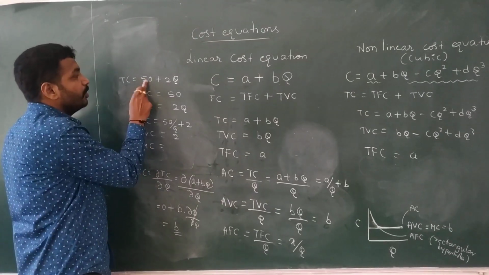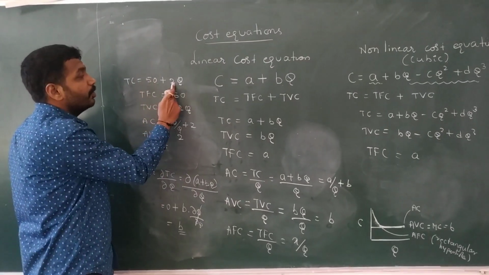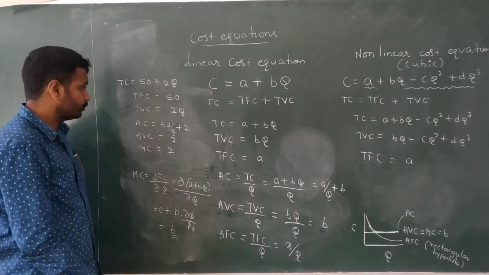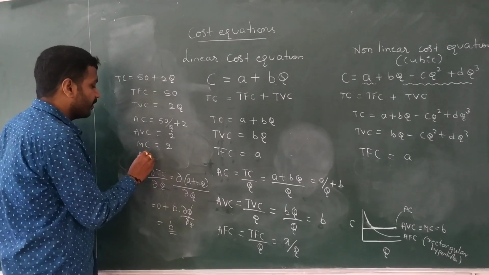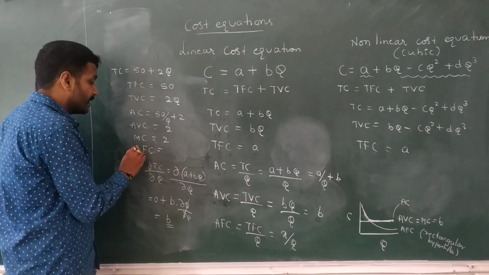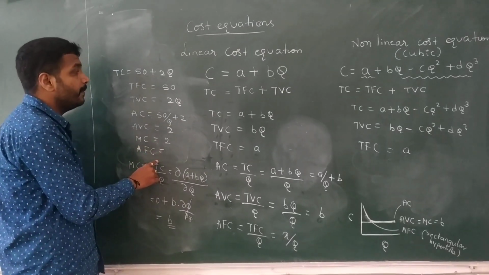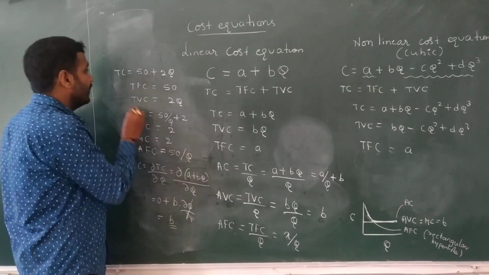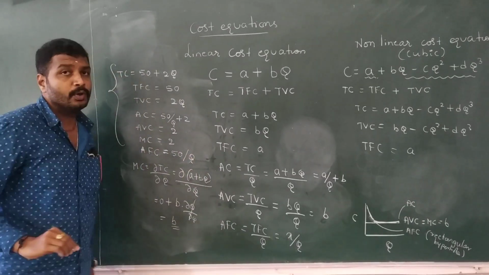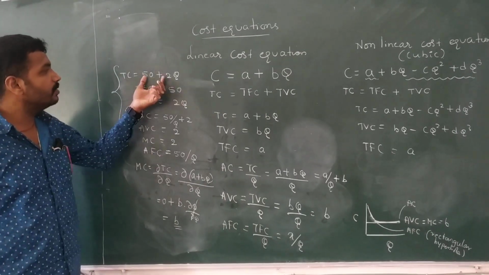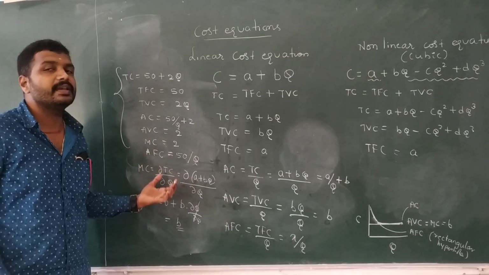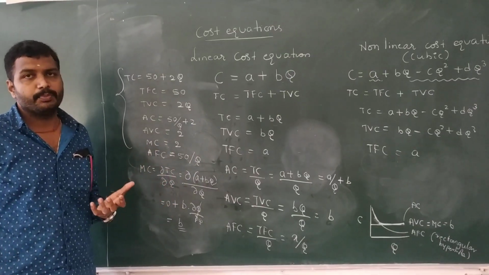MC: derivative of 50 is 0 plus derivative of 2Q is 2. It used to be 2. And the expression for AFC used to be 50 by Q. In examination they may give you a simple linear cost equation, and they may ask any cost component for that matter.